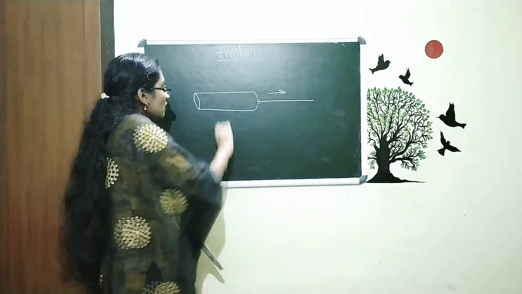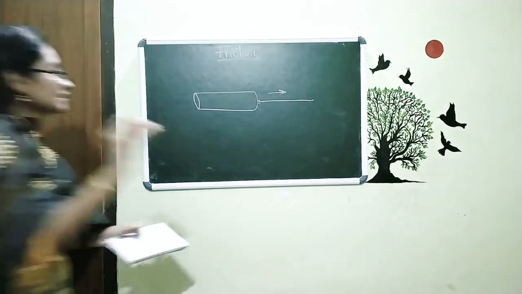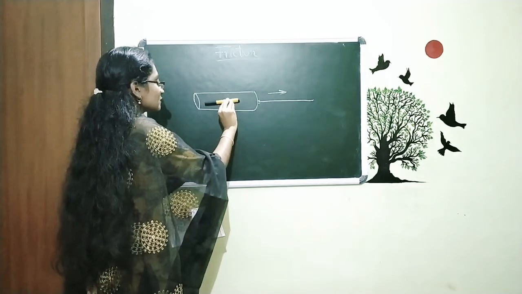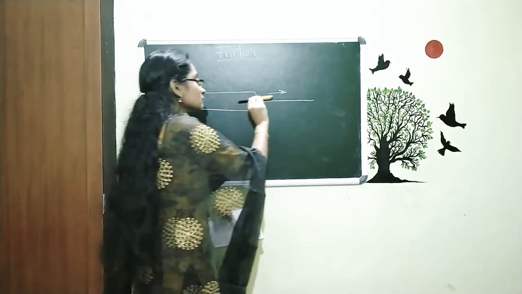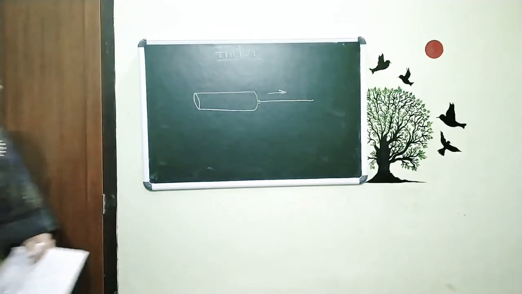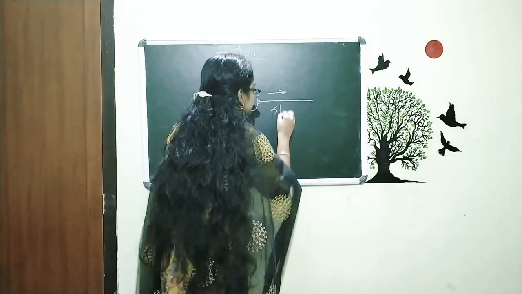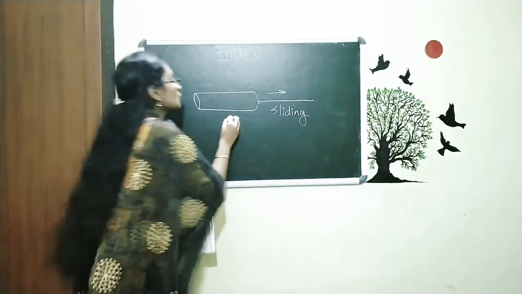After that, I will just roll this. If this is the wood piece, I just roll this. That is the second thing, and for the first thing, I want to slide this. These are the two things: sliding and here rolling.